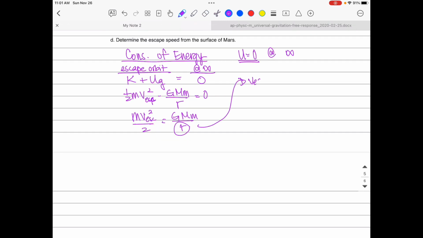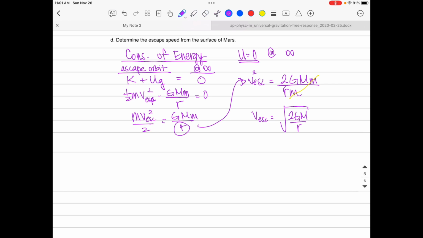So v escape squared is equal to 2 G big M little m over r little m, which simplifies. And then we just take the square root of both sides, and that's the square root of 2GM over r.